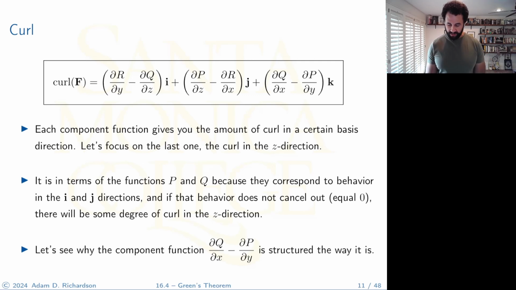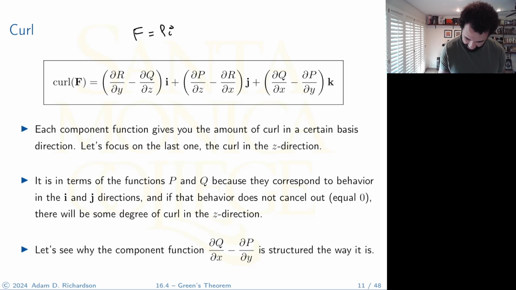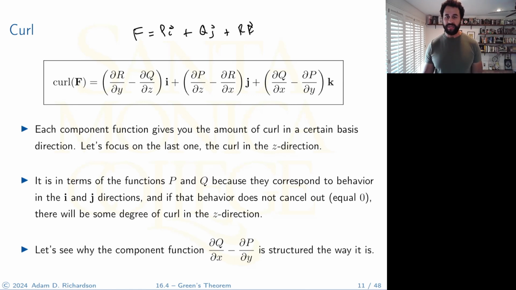One thing to note here is that this component function is in terms of the functions P and Q, because those correspond to the behavior in the i and j directions. If you remember, F was Pi plus Qj plus Rk. So P and Q correspond to the i and j directions.